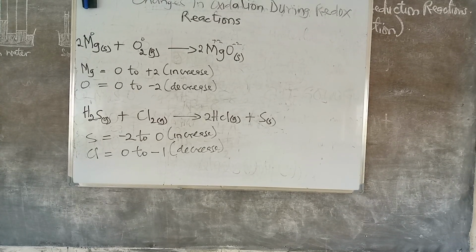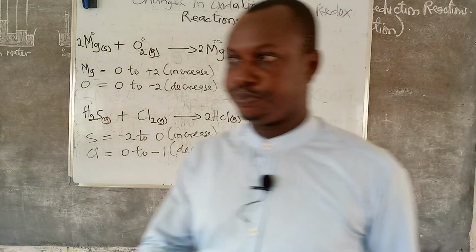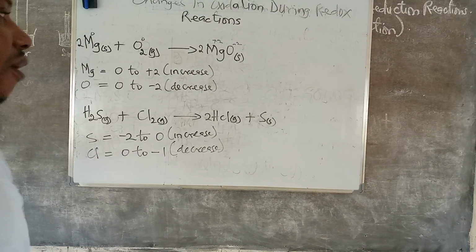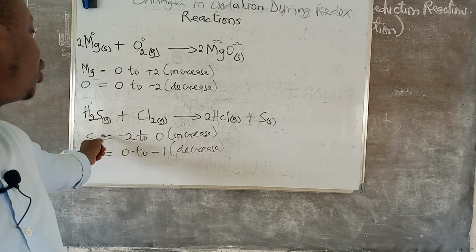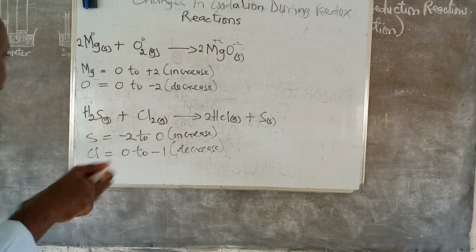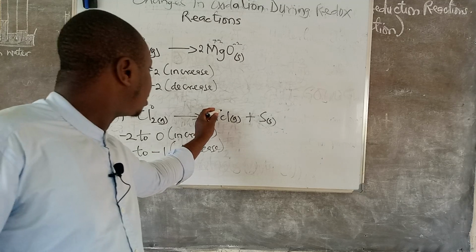Let me now give you another example. The second example: hydrogen sulfide gas plus chlorine gas gives you hydrogen chloride gas and sulfur atom. If you watch carefully, you will see that sulfur changes from minus 2. The oxidation number of sulfur here is minus 2, and here is 0. Chlorine here is 0 and here is minus 1.